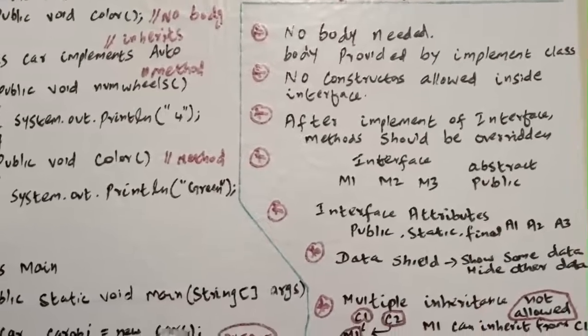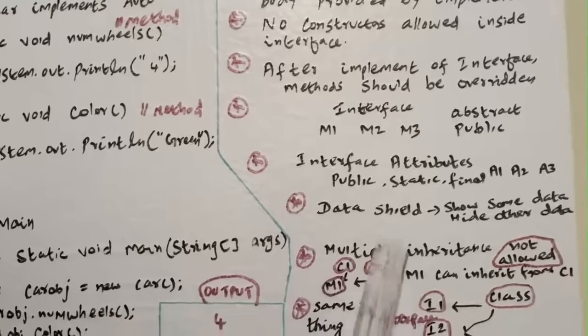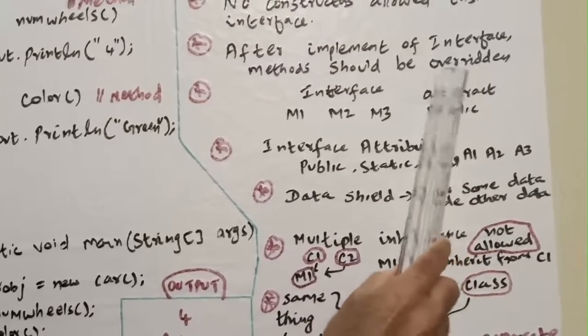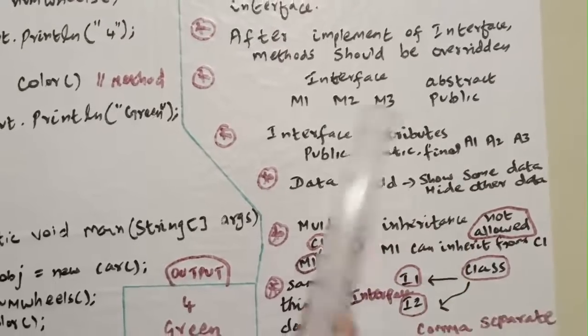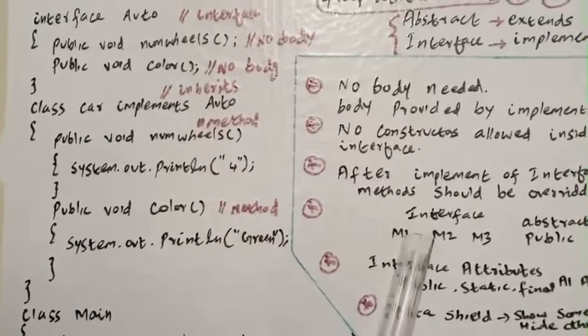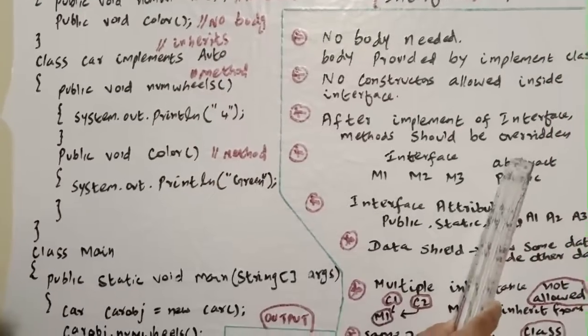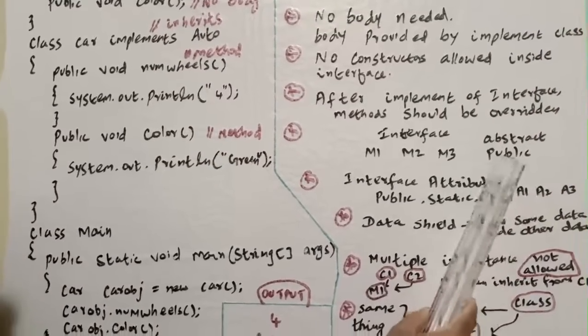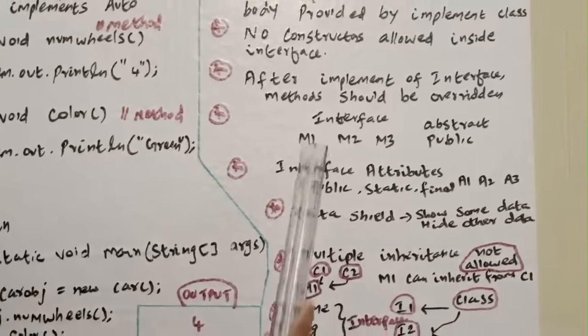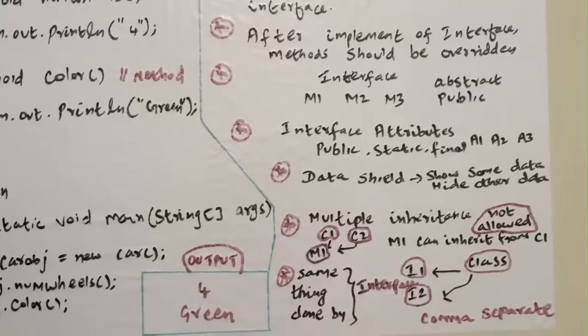So you're trying to print and doing a lot of manipulation here. Interface methods can be either abstract or public. Interface has methods, like these two methods. They can be either abstract, needing no body, or public, which can be accessed by other classes and methods. Say three methods, M1, M2, M3.